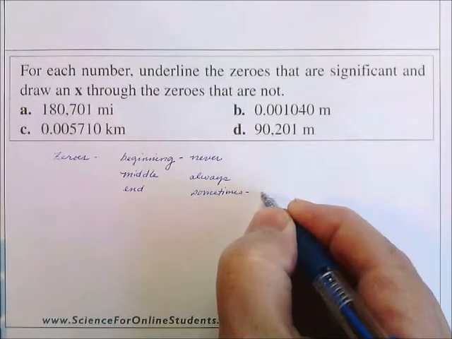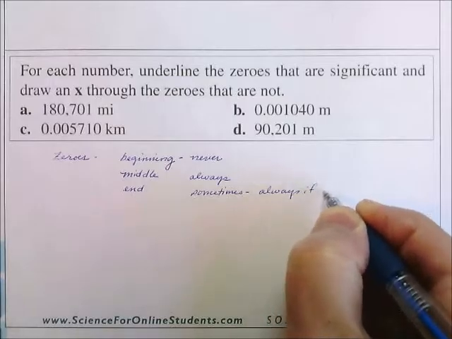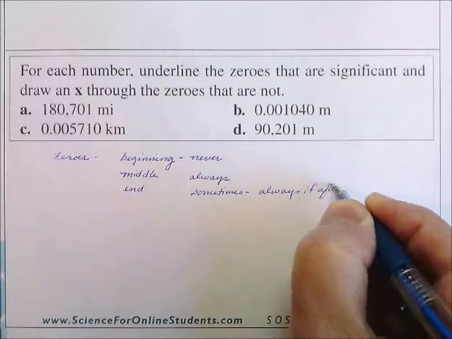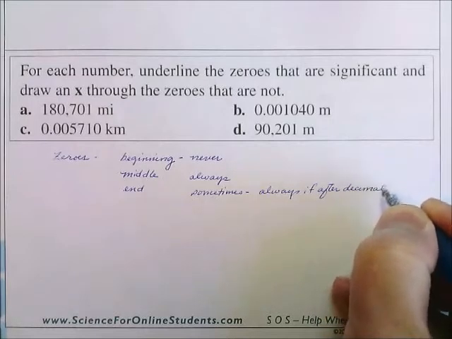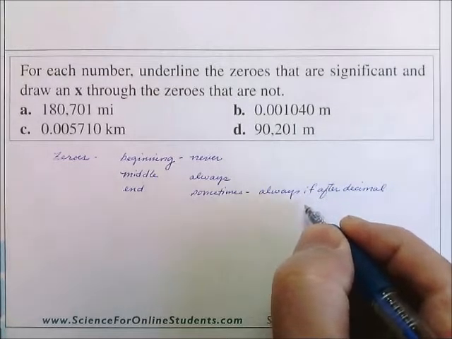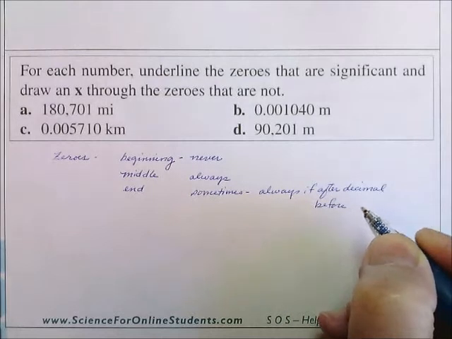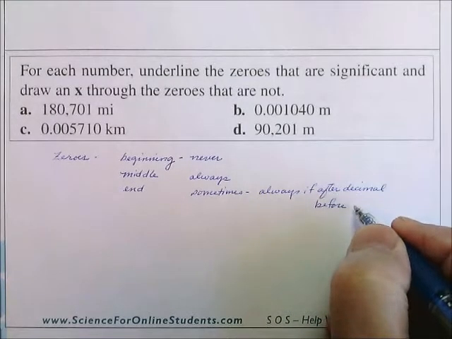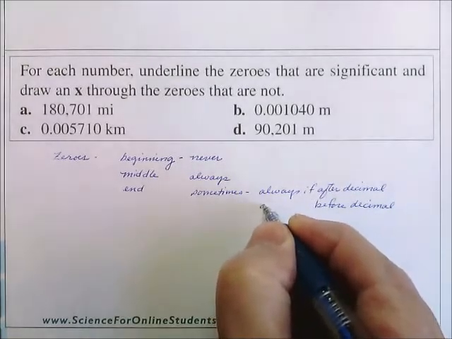They're always significant if they're after, or behind, the decimal. If they're in front of or before a decimal, that is, a decimal is present, then they're always significant.